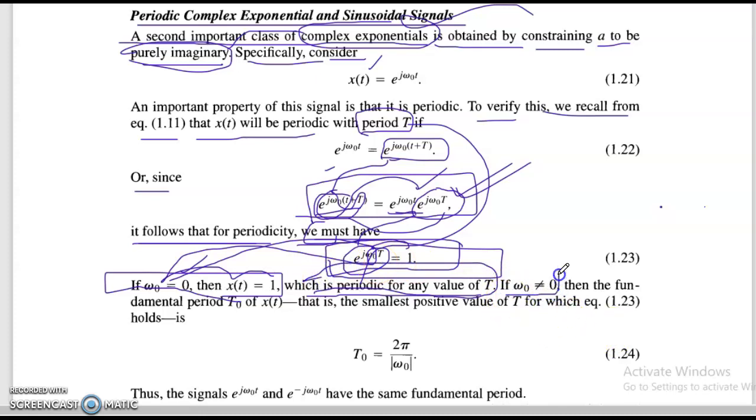If omega naught is not equal to 0, then what will happen?